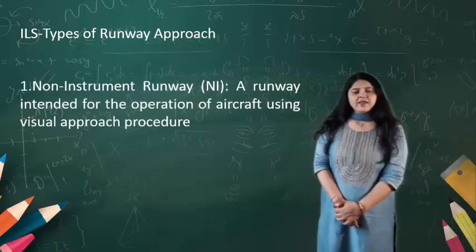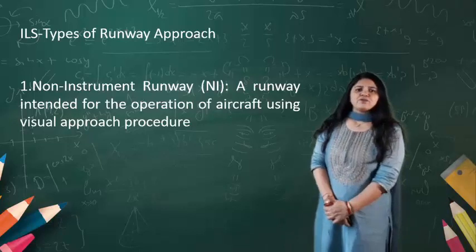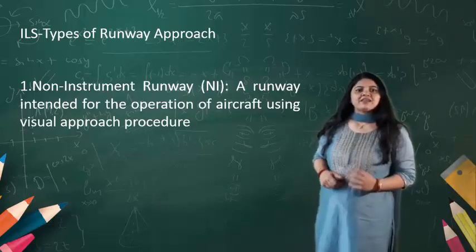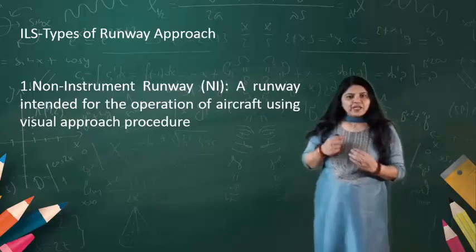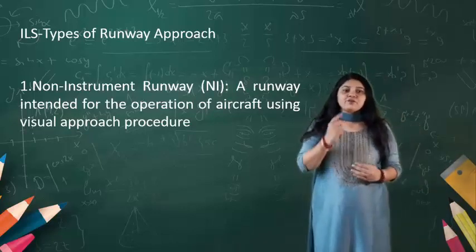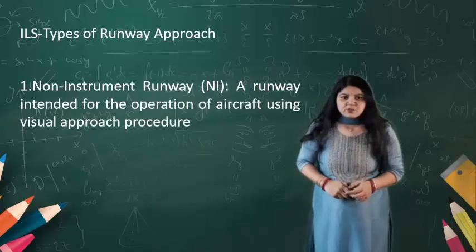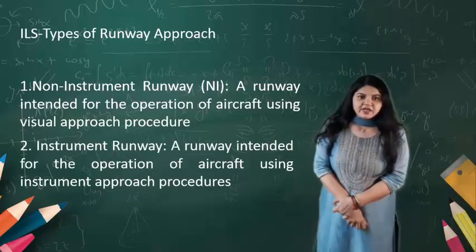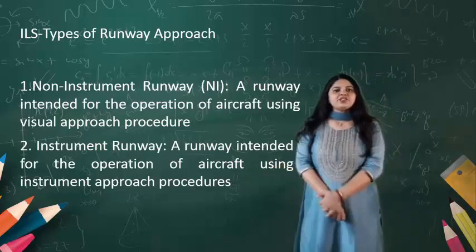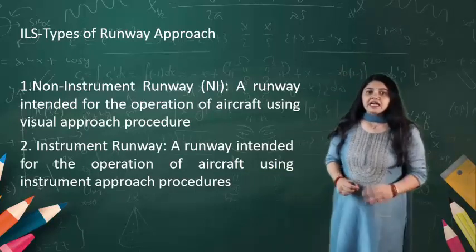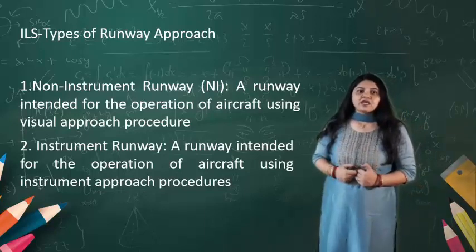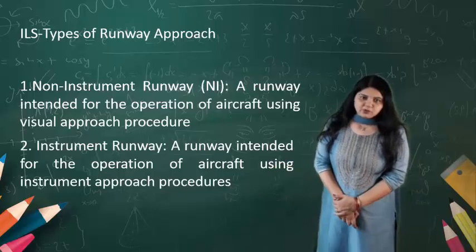Normally there is the non-instrumentation runway, which means that particular runway is intended for the operation of aircraft using visual approach procedure. The second is the instrumentation runway, a runway intended for the operation of aircraft using instrument approach procedure.